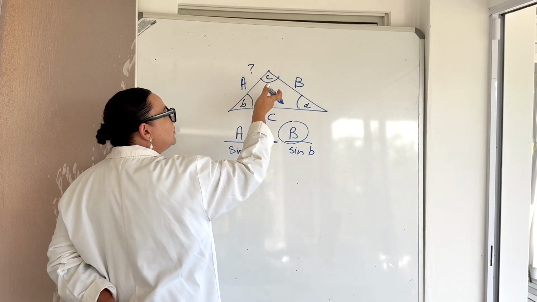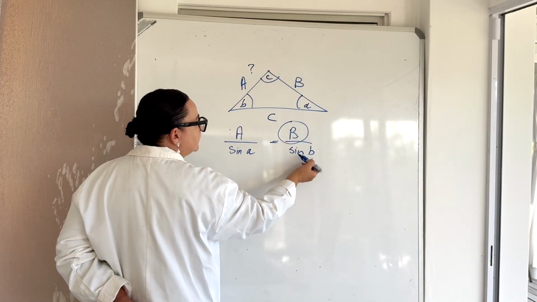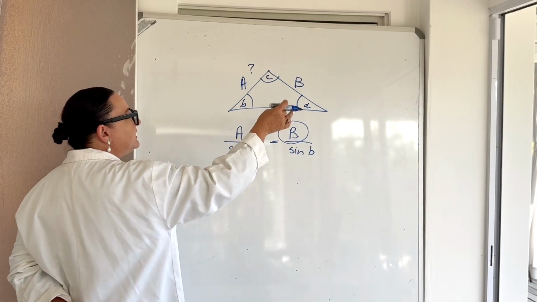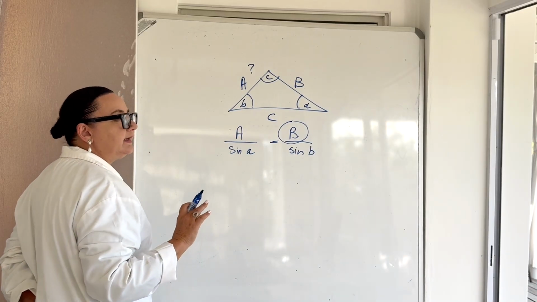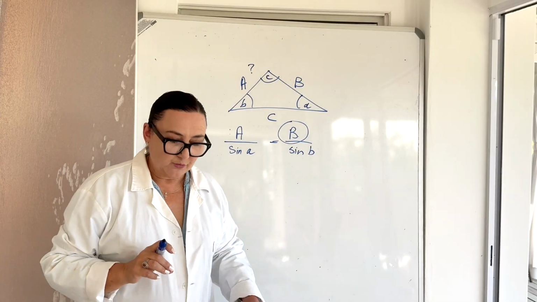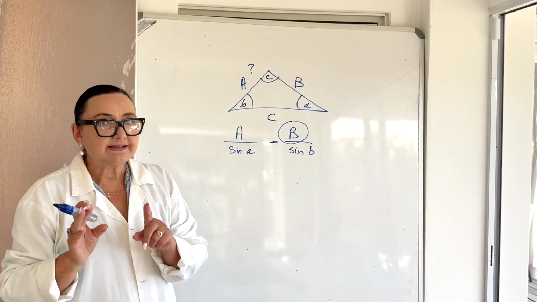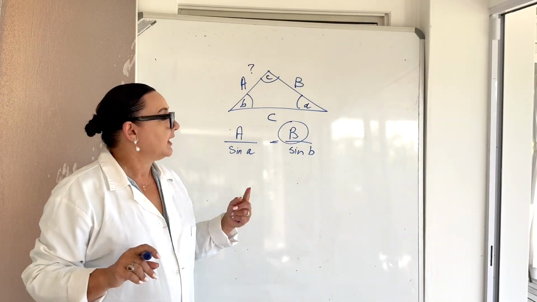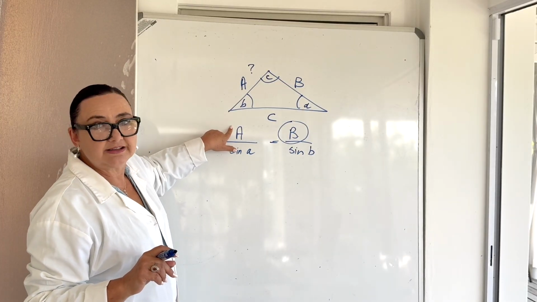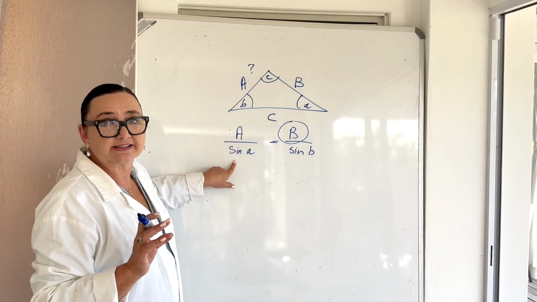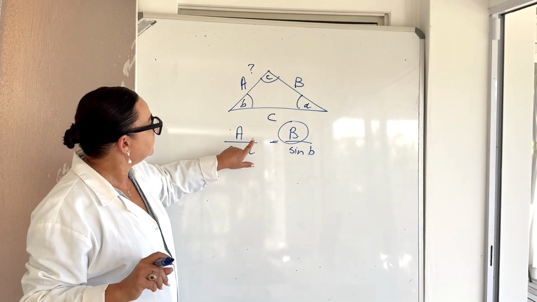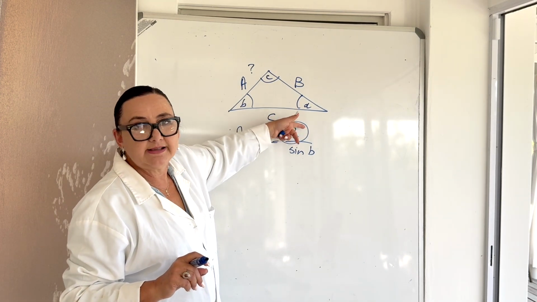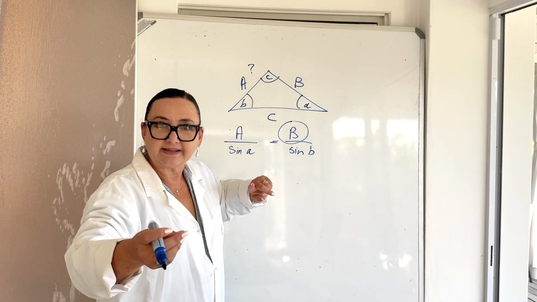I'm going to rewrite this in a scientific way, not mathematical A over sine A, but the force or tension in the cable divided by sine of that angle equals the weight divided by sine of that angle.